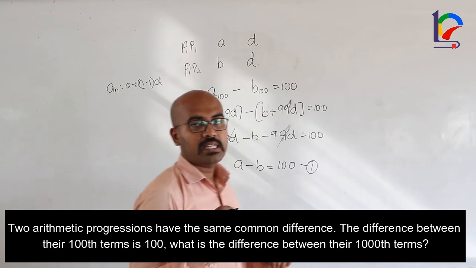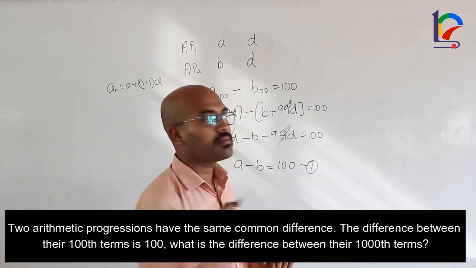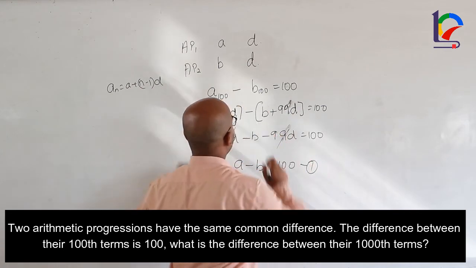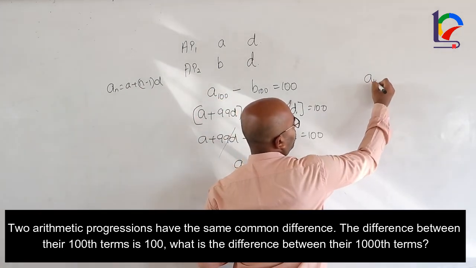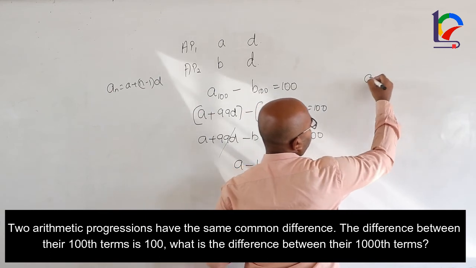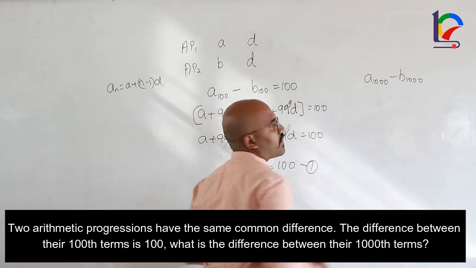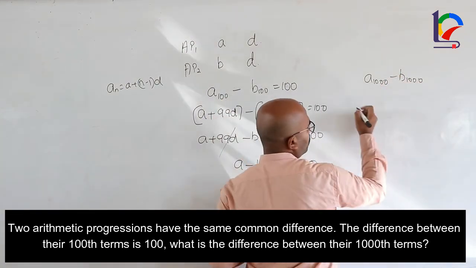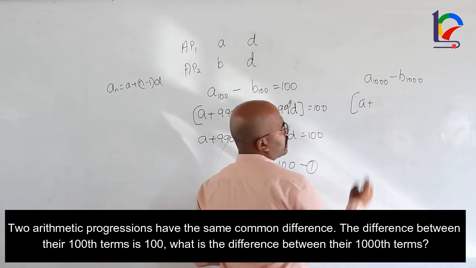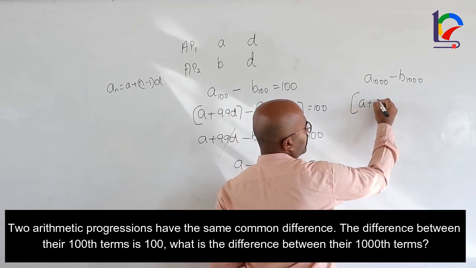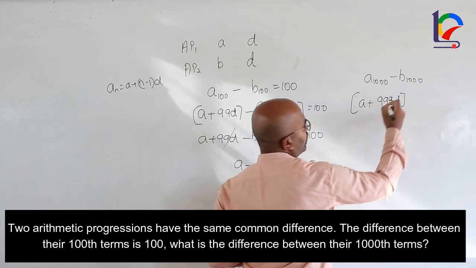Now, what they are asking is, what is the difference between the 1000th terms? In the same way as we have done here, we need to find a1000 minus b1000. So, what is a1000? That is the first term plus n minus 1, where n is 1000. So, 1000 minus 1 is 999d.